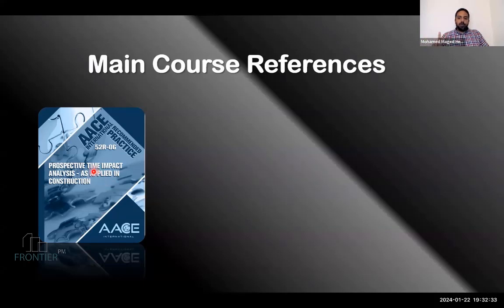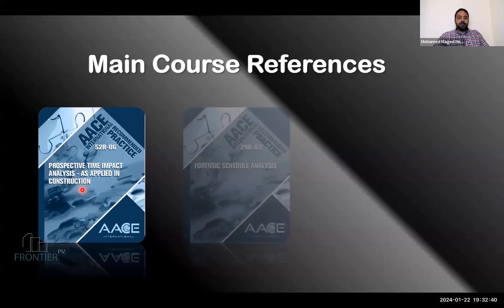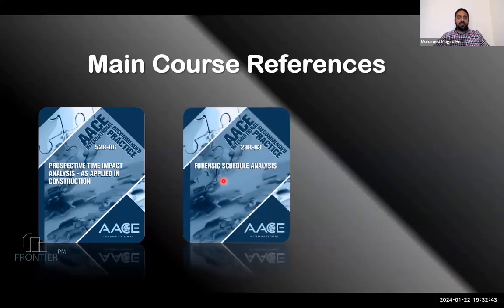And they did this in 2 recommended practices: 52R-06, the prospective time impact analysis as applied in construction. And for the retrospective analysis approach, they used the forensic schedule analysis recommended practice 29R-03. In 29R-03, in this recommended practice, they added some validation protocols and enhancements we can use even in the time impact analysis.